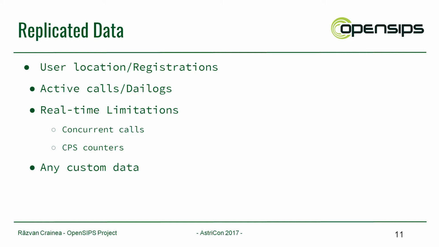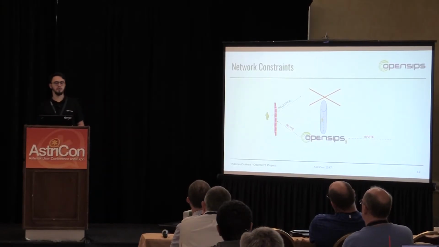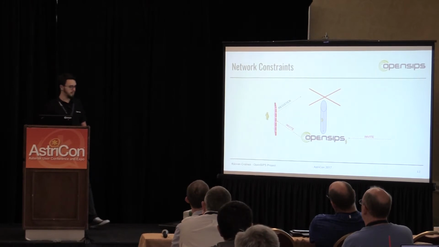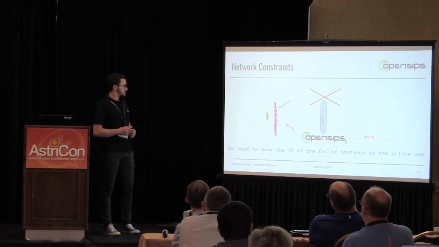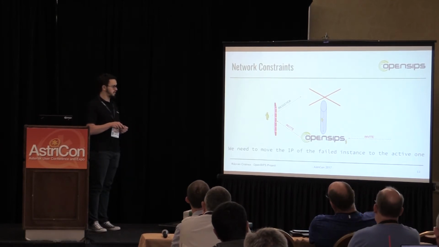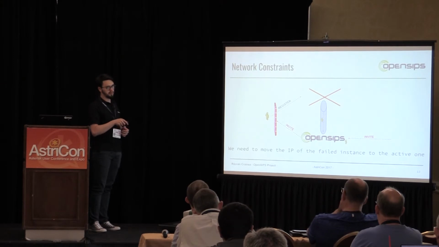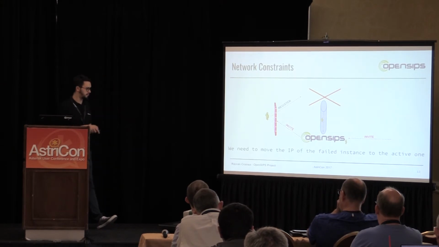So if this instance goes down and an invite comes in, it will be blocked by this firewall, because that's how NAT works. So we need a solution. We need a mechanism to move the IP from here to here, right? Because otherwise, the firewall will not allow any inbound traffic without the client opening a new pinhole to the new IP.